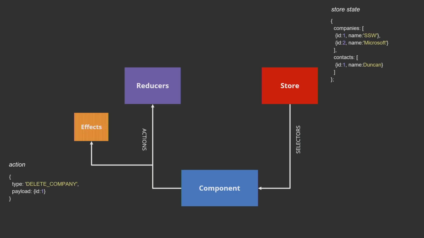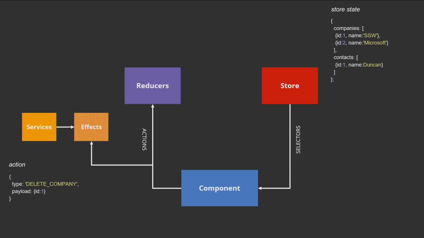So in NGRX, what we can do is raise a side effect. This is a piece of code that responds to an action, and the side effect can take in services. So now that side effect can do something like talk to our database, which is the most common example, update the database. But our side effect can't change the state of the store. The only thing the side effect can do is take in this service and work on the service.